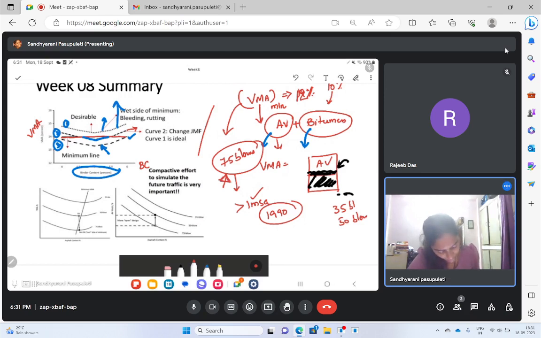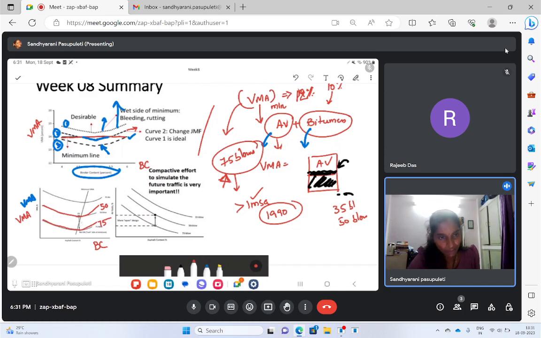So if you take this curve, on the y-axis this is VMA, on the x-axis this is bituminous content, and you can see this is one curve, this is another curve, and this is for 50 blows and this is for 75 blows. Let us say I have designed a mixture for 50 blows, but in the field what happens?